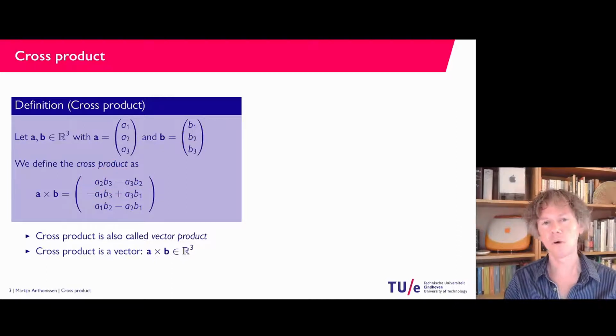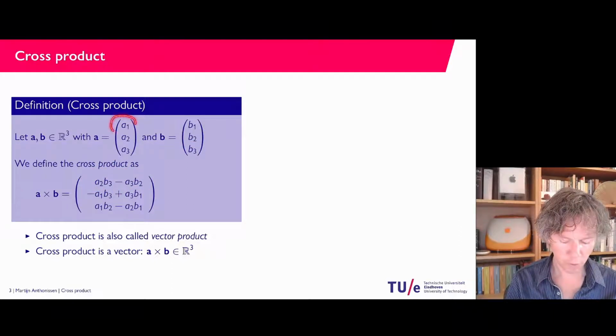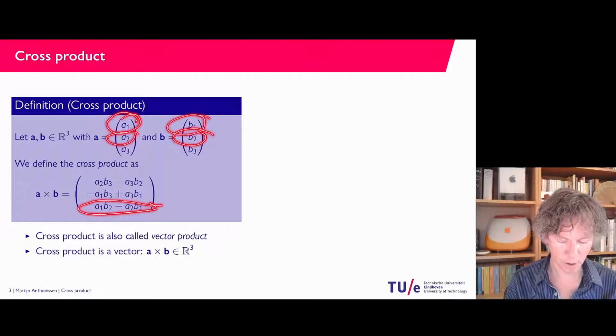Then the second one uses the first component of the a vector and the last component of the b vector, and then the last component of a times the first of b, and then with an additional minus sign and here a plus. And then finally the last component here deals with a1 times b2 minus a2 times b1.